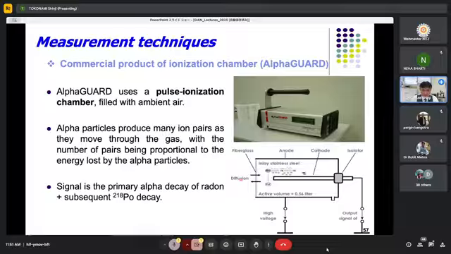Outside air goes through and enters the chamber through the fiberglass filter. This device can select airflow mode and diffusion mode.